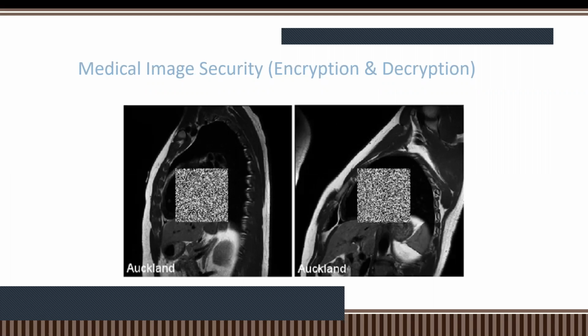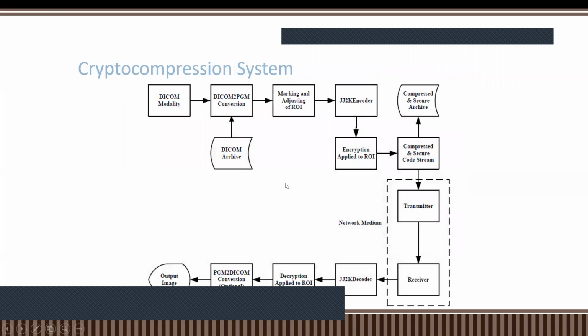But this technology can also be the future technology, and in that case a part of the image is primarily replaced with information which cannot be easily deciphered. यानी यहाँ हमें समझ में नहीं आ रहा यहाँ क्या है. This is just an image which is encrypted, so a part of the image is encrypted. So based on that scheme, a crypto compression system can also be developed or designed.